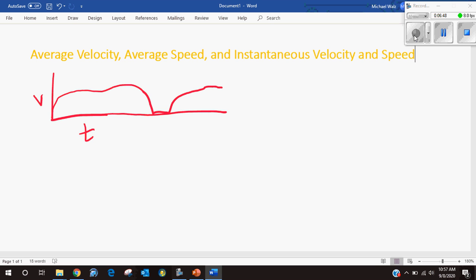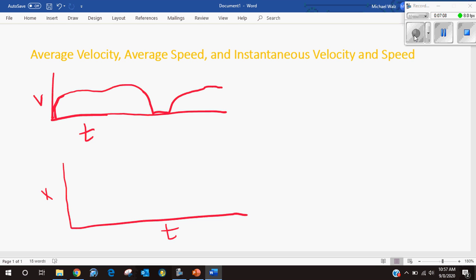So what do you do here? What we did is we took this average velocity. So if you take that velocity time graph, the same one there, and turn it into a distance, or actually this would be a displacement time graph, right?